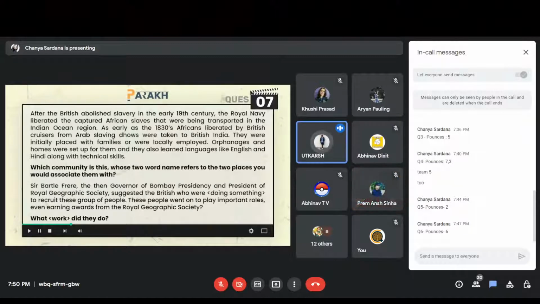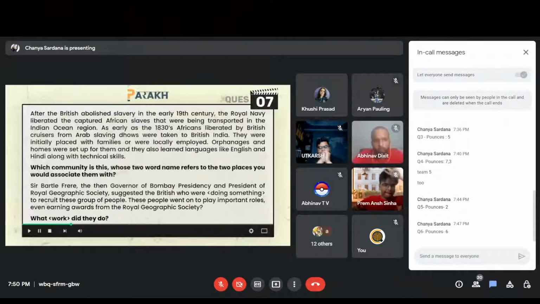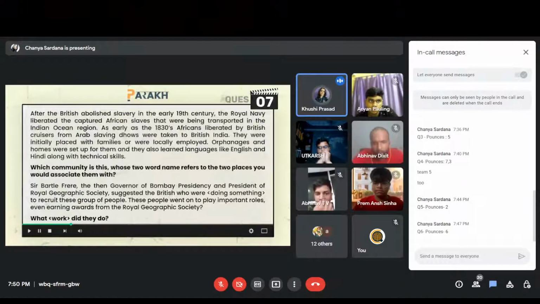So in this, you need the community and the work both, right? Yes. So the pounds window is now closed and this was direct for team 4. So team 4, your guesses?